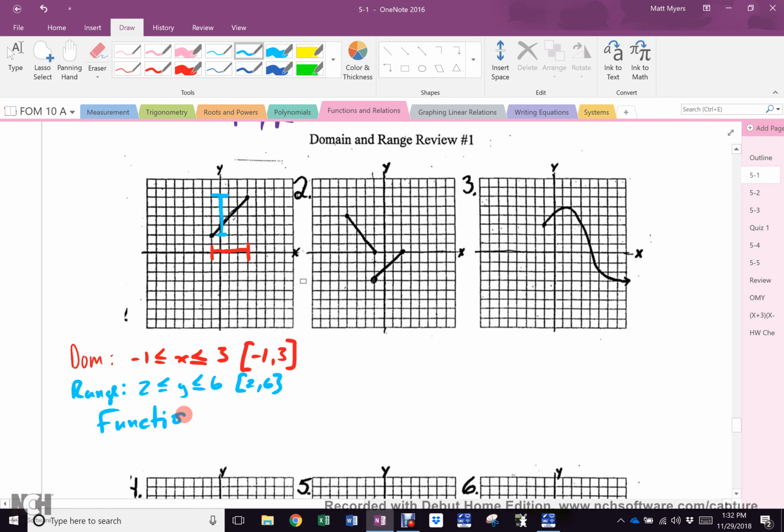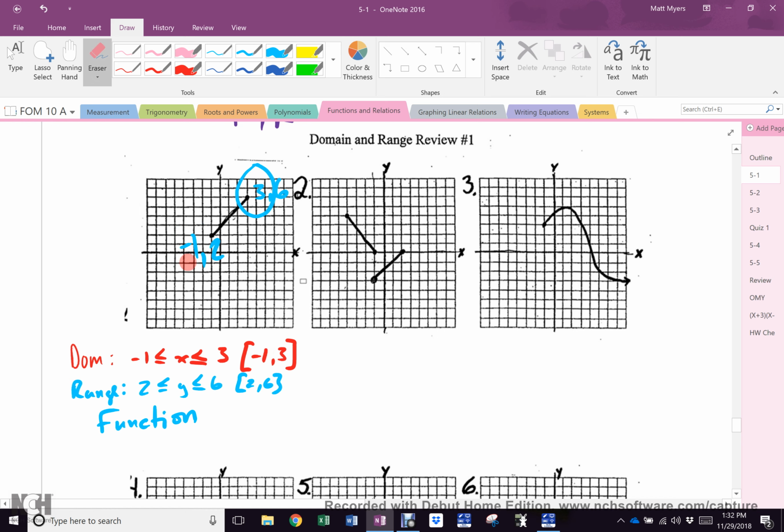Yes. Now, some people in the other class are still having issues with why it's 2 to 6 for the range when the points on the graph are -1, 2, and 1, 2, 3, 3, 6. Notice, please, that the x's go from -1 to 3, and the y's go from 2 to 6.